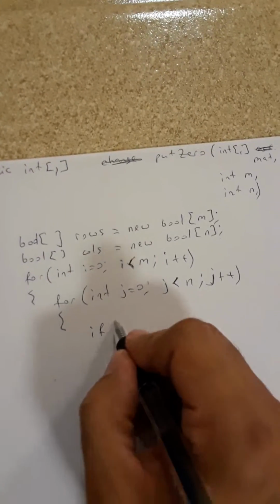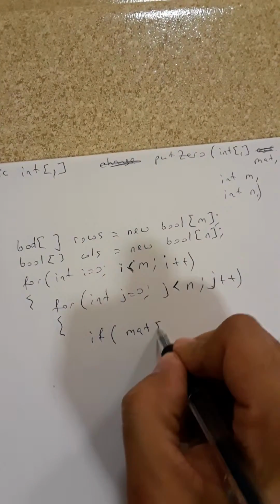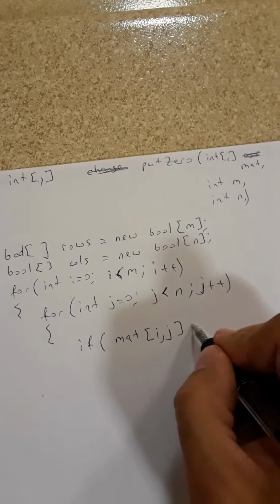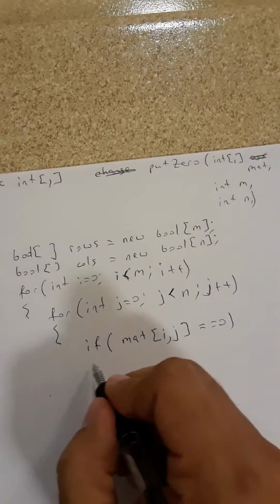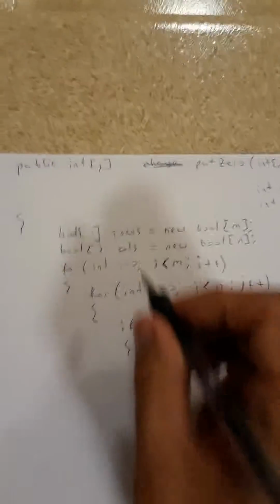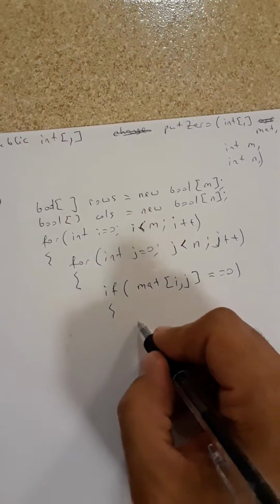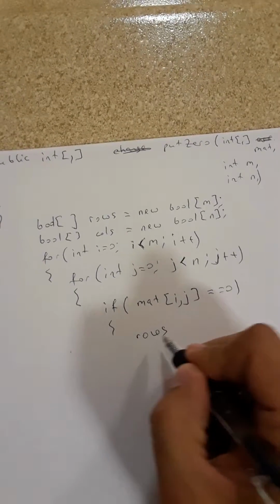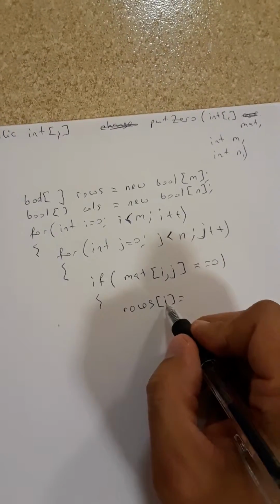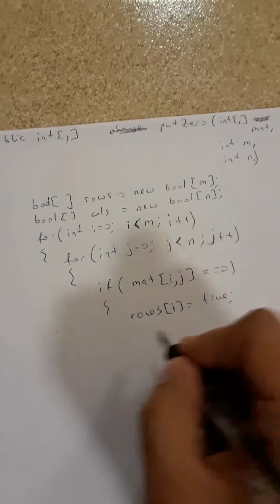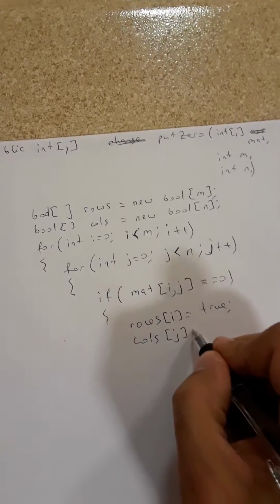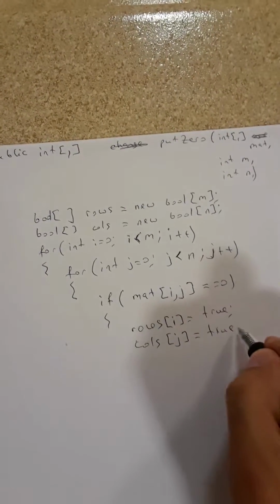Each time I see that the element in the matrix is equal to 0, I will change the default false value in my arrays to true: for rows under index i, and in the columns array under index j.